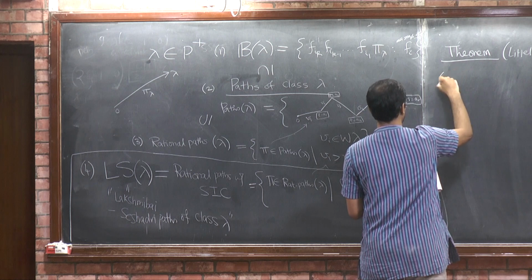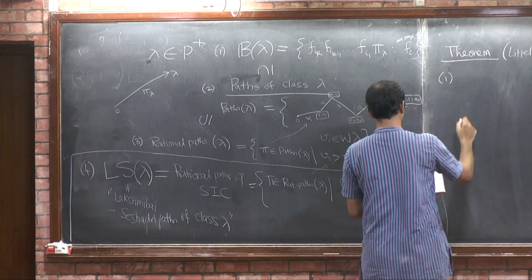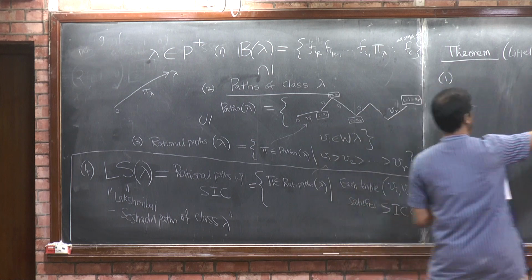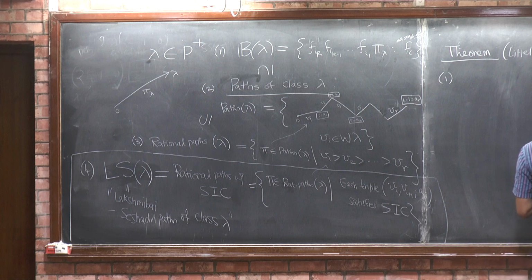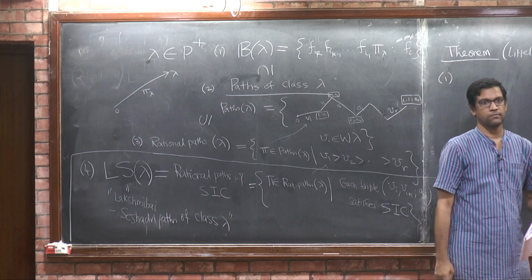Let me state the various facts about this. Number one: what is the setting? Let G be, for us, a finite dimensional simple Lie algebra for now, but all this works in complete generality. You can take what's called a symmetrizable Kac-Moody algebra, an example of which is the affine algebras that Venkatesh is talking about.